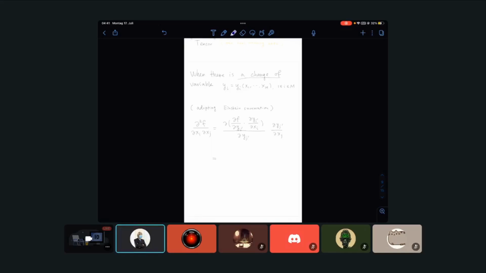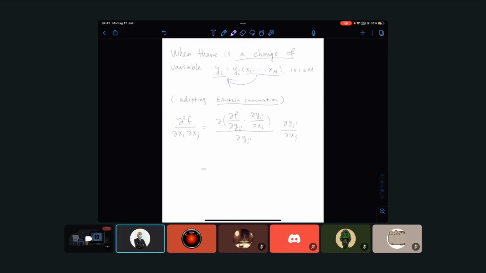So if there's a change of variable, y_i goes from the original x_i, and we do this change of variable adopting the Einstein summation convention. If we have one of the entries of the Hessian, we write it down using the second order derivative of f with respect to the x variables, but then we can write it in the y variables, and then the chain rule, all this kind of elementary calculus stuff.